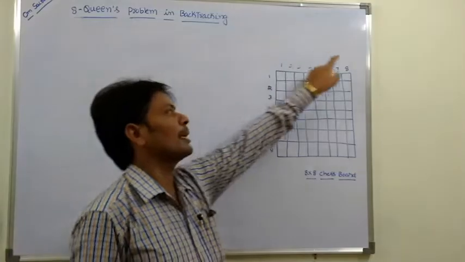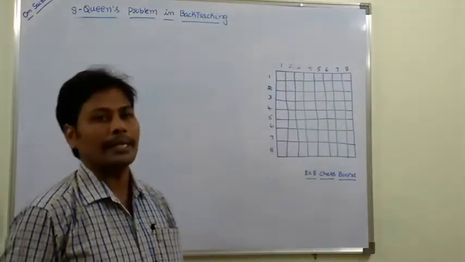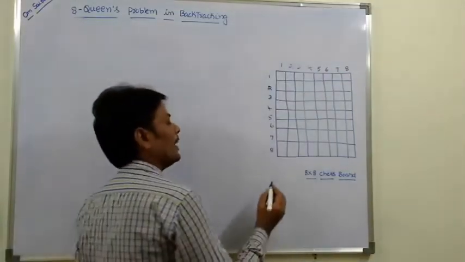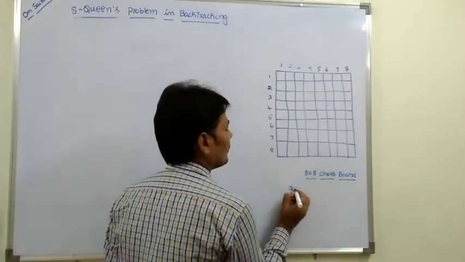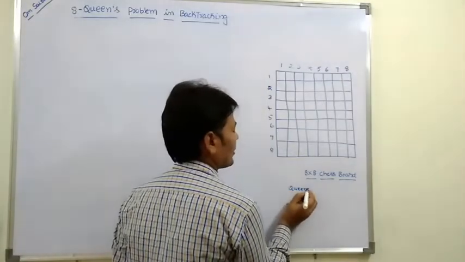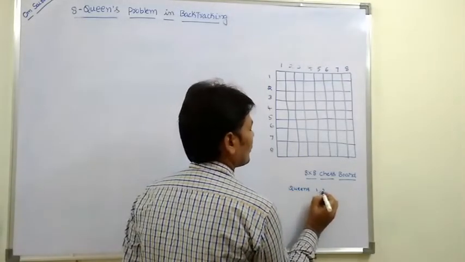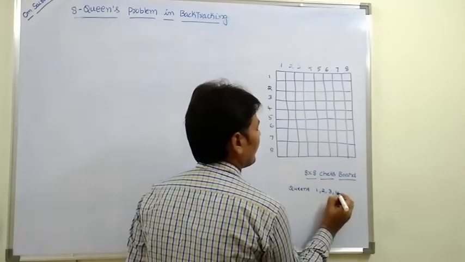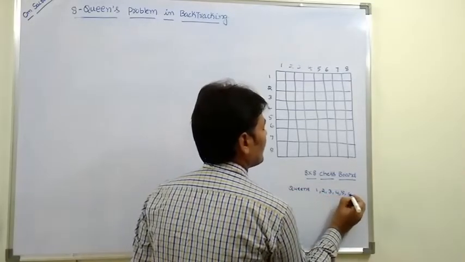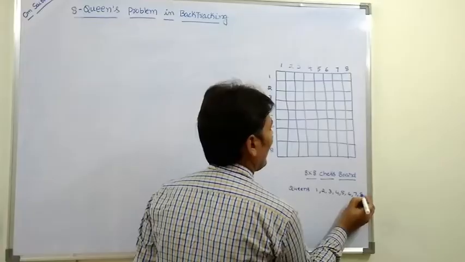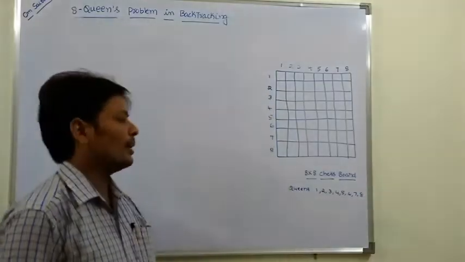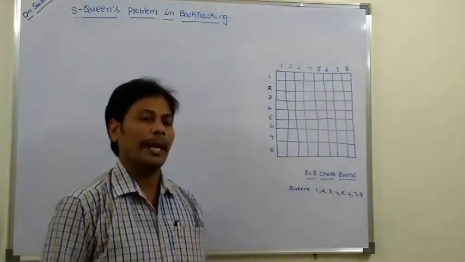The columns can be numbered from 1 to 8. The queens can be numbered from 1 through 8.